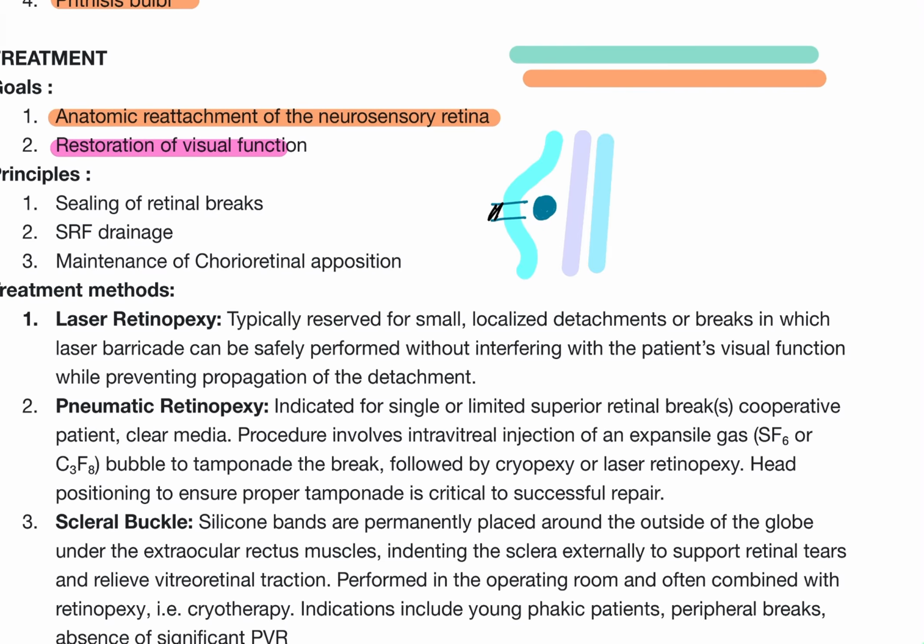You need to seal this retinal break. That is your first principle. The second principle is subretinal fluid drainage. The third one is chorioretinal apposition. I think this example makes the principles very easy to remember: retinal break sealing, subretinal fluid drainage, and maintenance of chorioretinal apposition. Next, coming to the treatment methods.